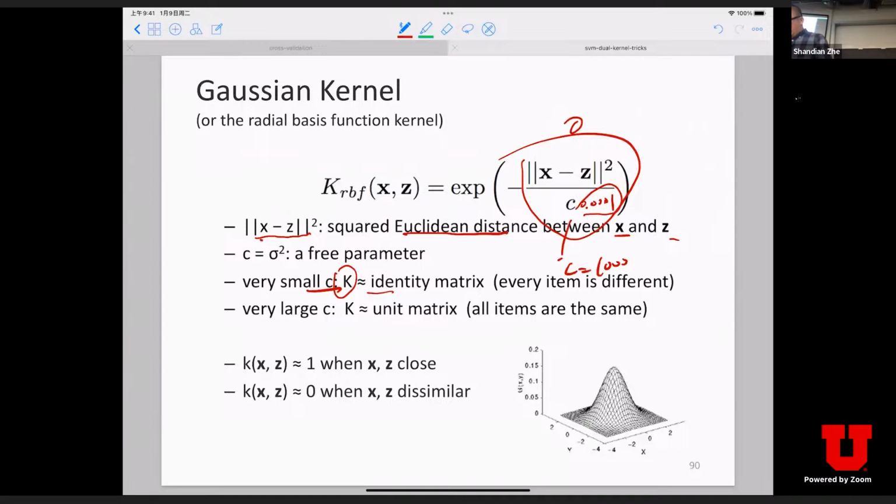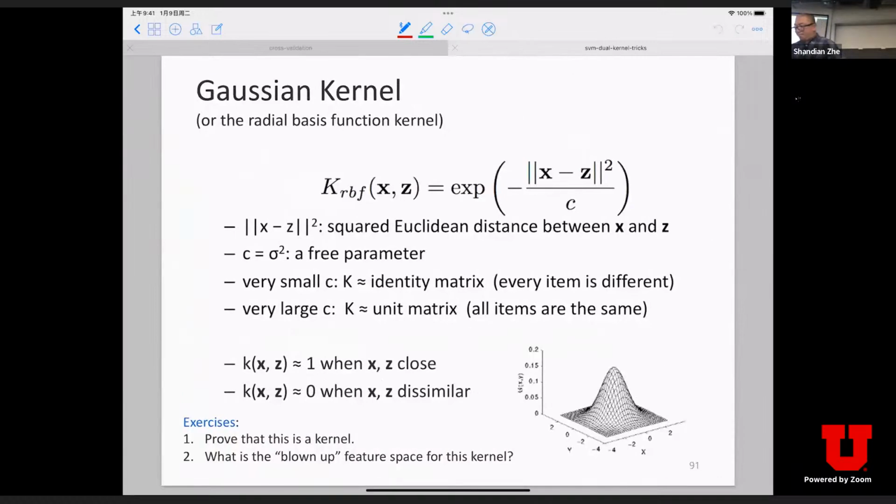That's why if you pick a very large c, K will be approximately a matrix of all ones. All entries are approximately the same. So you can see that the choice of c has a very large influence on the kernel matrix. In fact, in kernel learning methods, the choice of these hyperparameters, these kernel parameters, is very, very important.